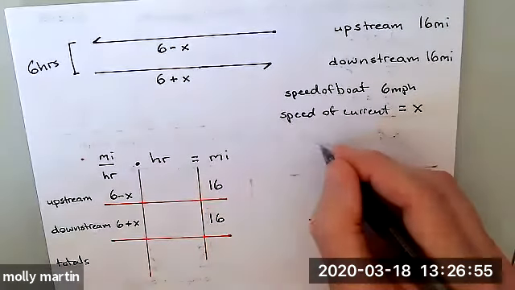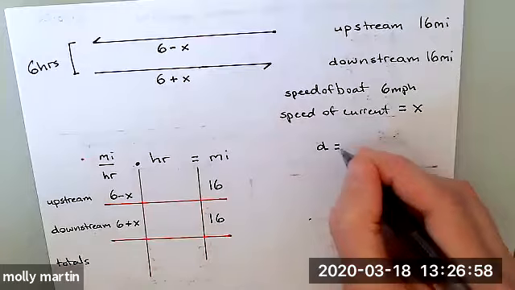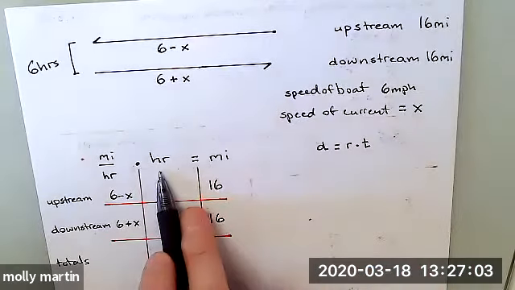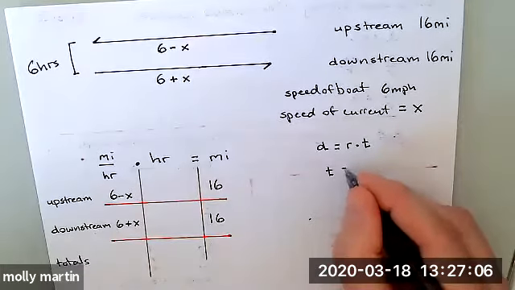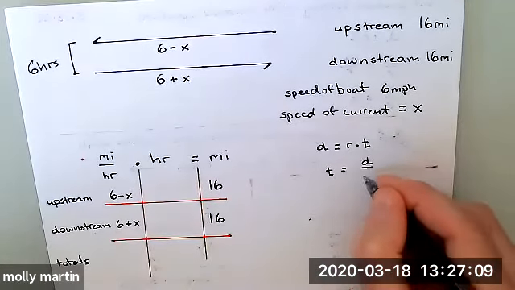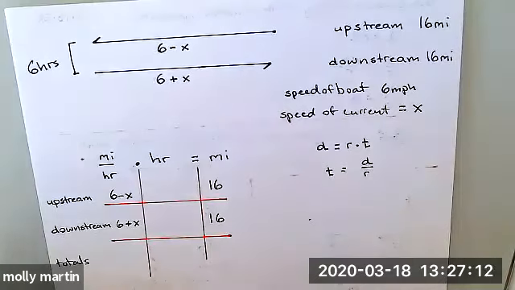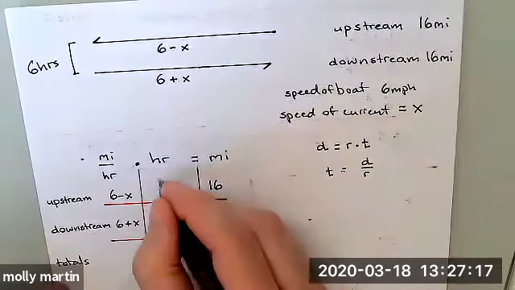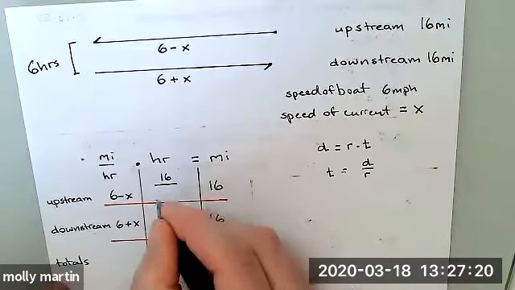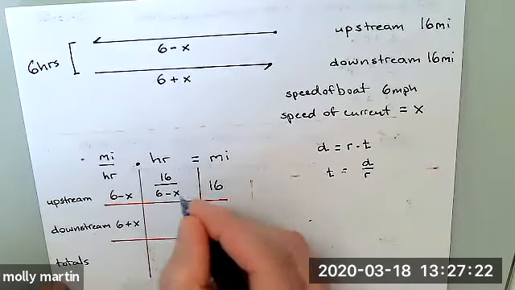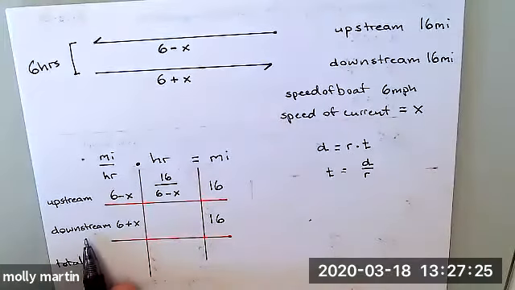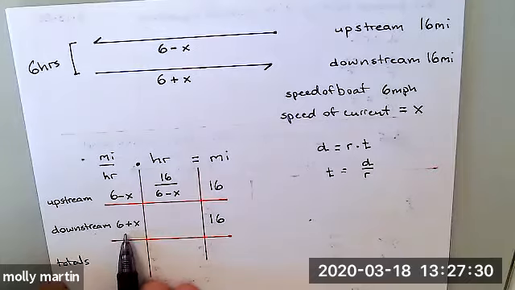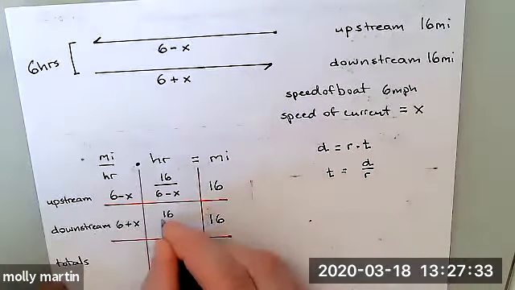And recall from the previous page, if the distance is equal to the rate times the time, when you solve for the time, that's equal to the distance divided by the rate. So in this case, the distance divided by the rate is 16 divided by 6 minus x. For the trip downstream, the time is 16 divided by 6 plus x.